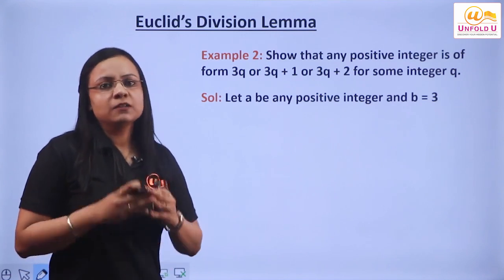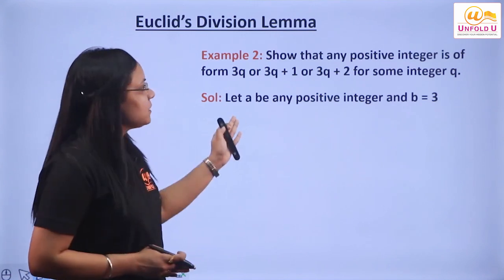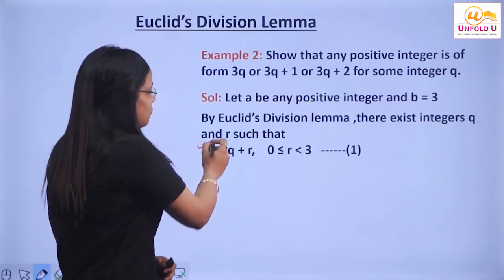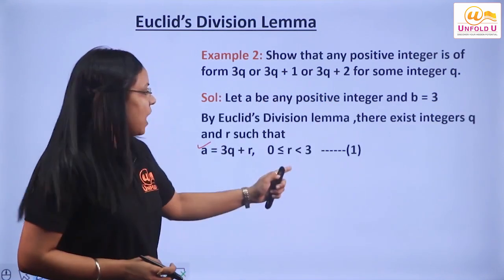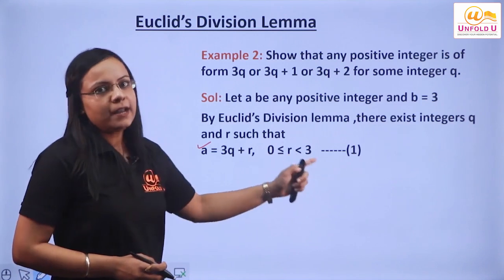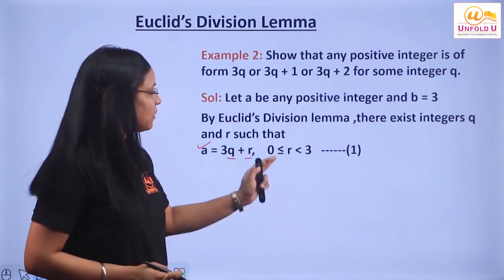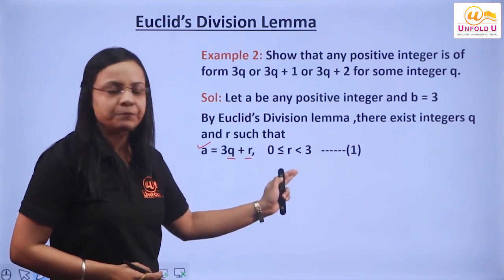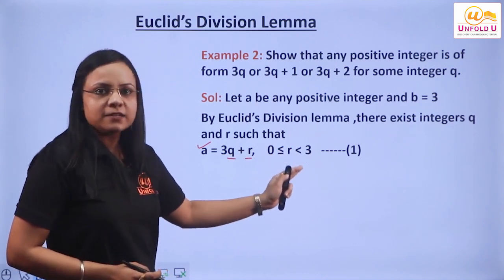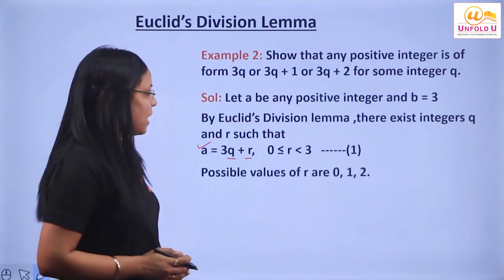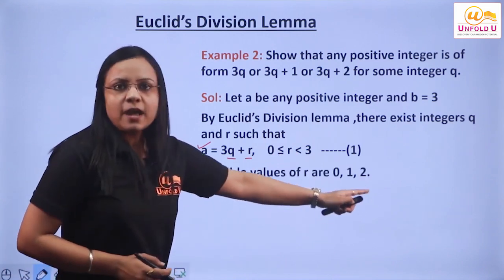Now if I apply Euclid's division lemma to the integers a and 3, what do we get? We get a is equal to 3q plus r, where r is greater than equal to 0 and less than 3. Both q and r are integers. Now what are the possible values of r? r is an integer and it is greater than equal to 0 and less than 3. So the possible values of r will be 0, 1 and 2.